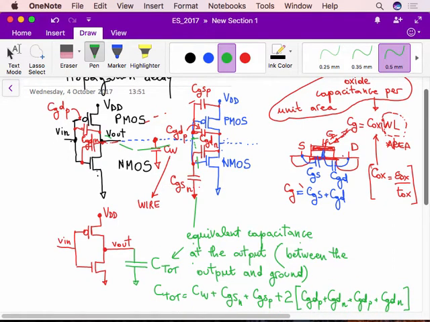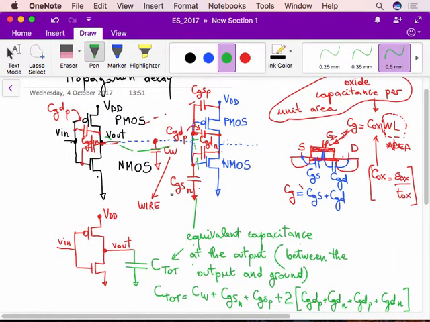But the main message of this slide is that we can assume that at the output of an inverter there is a capacitance as a load, which includes the capacitance of everything which is at the output of the inverter, meaning the wire and the other gates that the inverter has to drive.